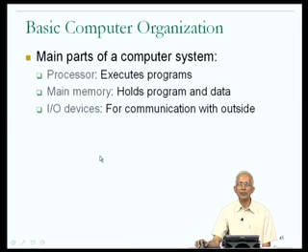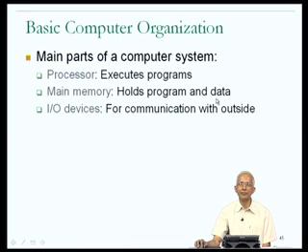The second main part of a computer system is something called the main memory. Basically, the main memory is the circuitry of the computer system which holds the program and its data. We have seen that a program in execution is made up of many instructions, but it also manipulates data.